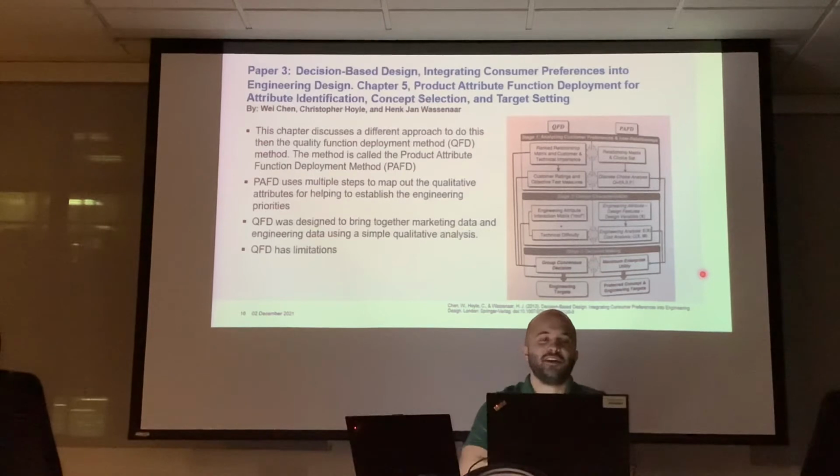This chapter discusses a different approach than the traditional quality function deployment, QFD, which was used in a couple of the previous papers that I just went through. This new method is called the Product Attribute Function Deployment Method, or PAFD. PAFD uses multiple steps to map out the qualitative attributes for helping to establish the engineering priorities.